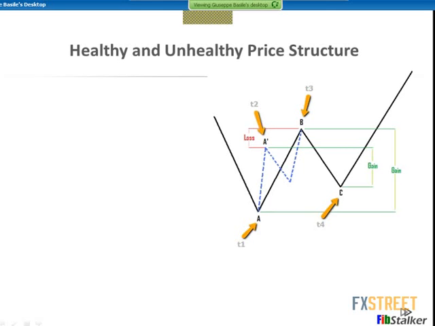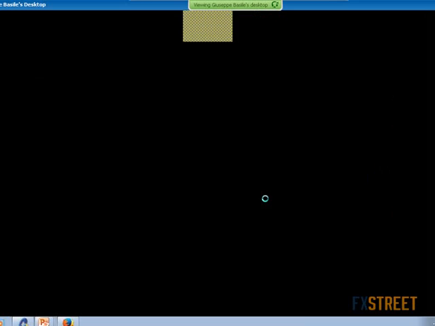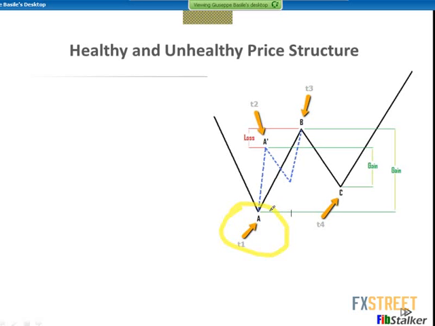Now let's assume that a trend follower on the 4-hour chart was capable of buying a retracement and just got in at T1. The larger time frame trader enters here. Now let's assume that traders on the smaller time frame try to pick a short at a premium here, which is this T2.